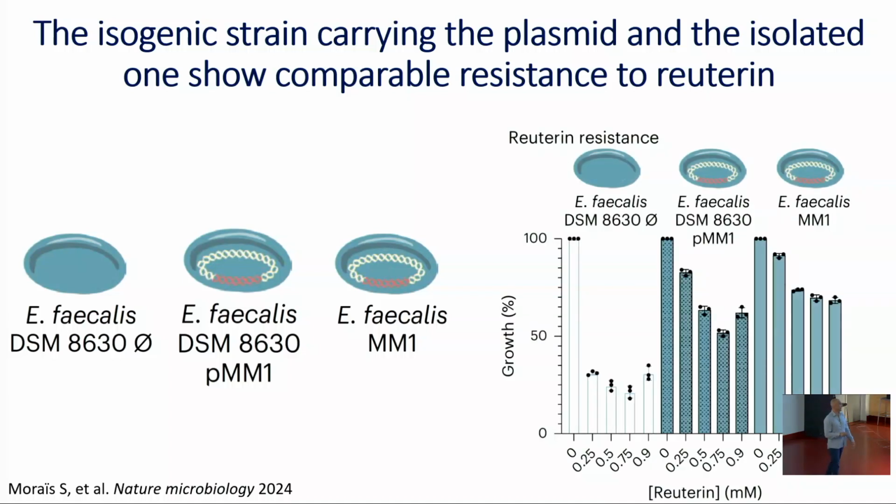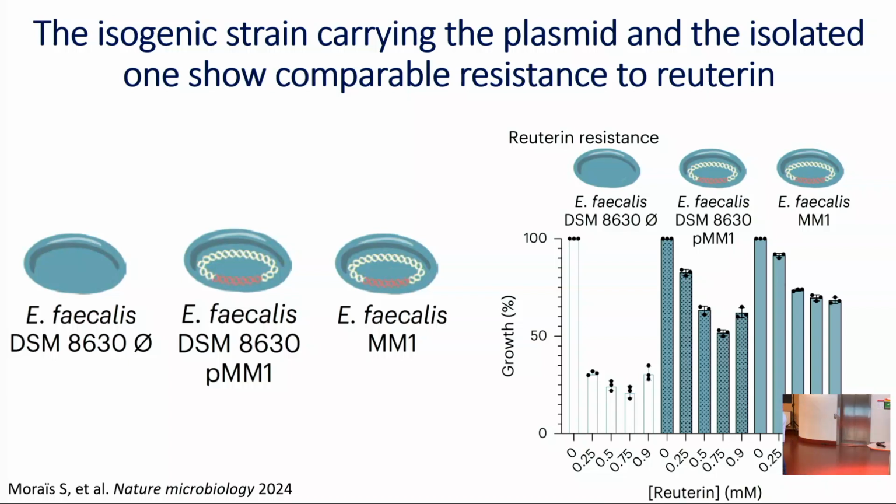So it was very nice to see that both the isolate and the isogenic strain are resistant to reuterin, unlike the one that doesn't have the plasmid, which essentially establishes causality: the plasmid is directly responsible for the resistance to reuterin.